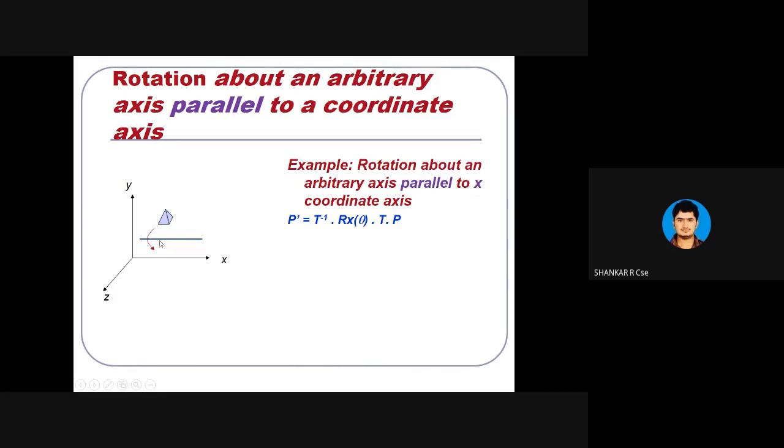So bring your axis, merge it to the x-axis, and then rotate, and then go back to wherever you were. So the first step is translation, next is rotation, third is inverse. You should do all this for every point in P.